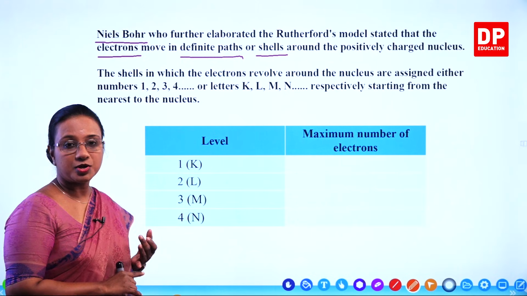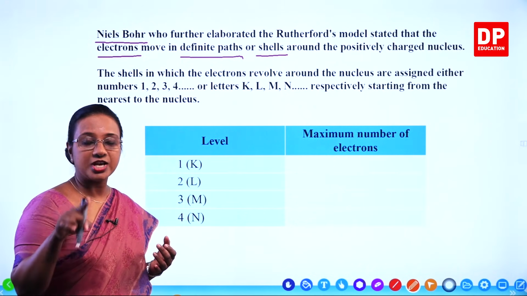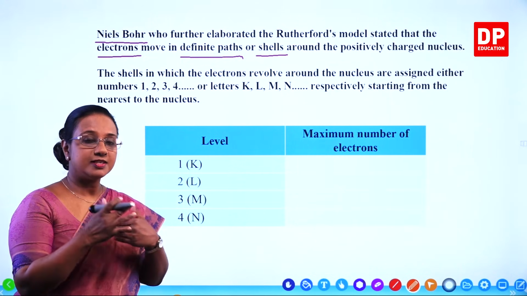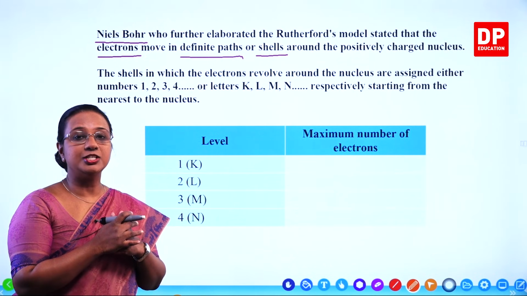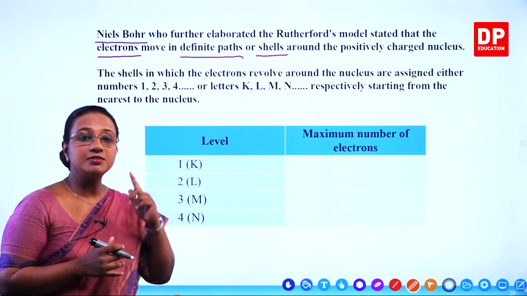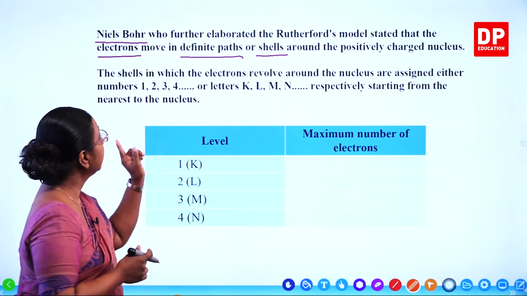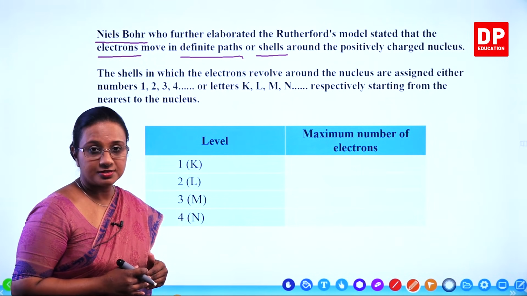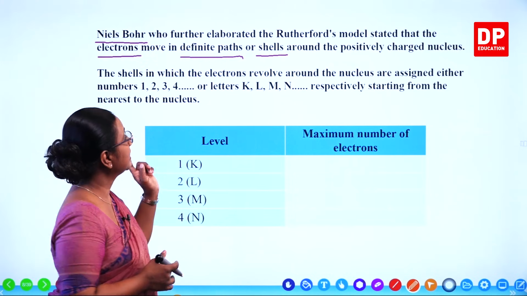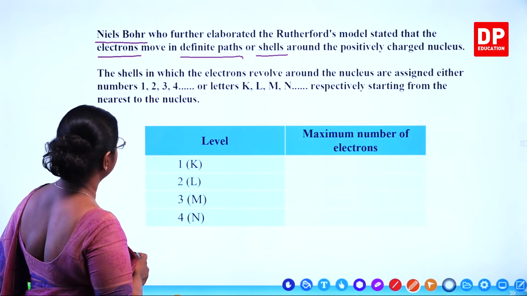So, nucleus is positively charged, electrons are negatively charged. There is an attraction between the two, but they don't collide with each other because of the fast revolving of electrons in their definite path called the shells. Another name for shells is energy levels.